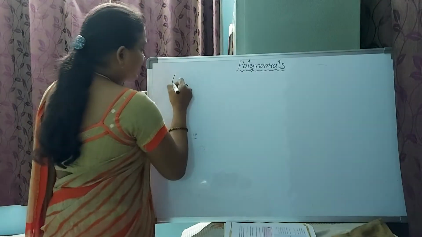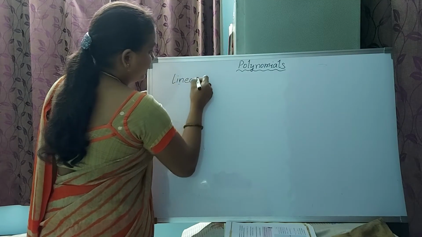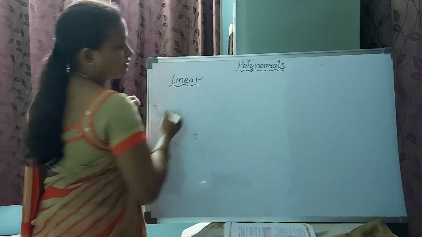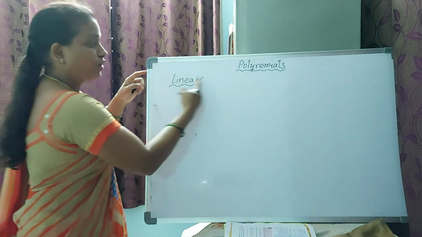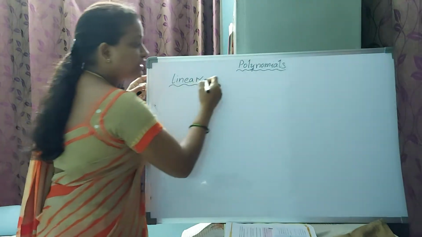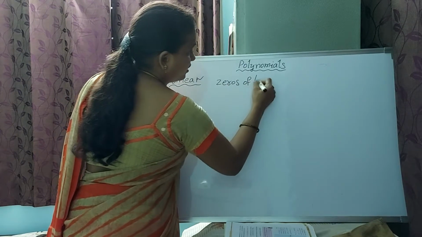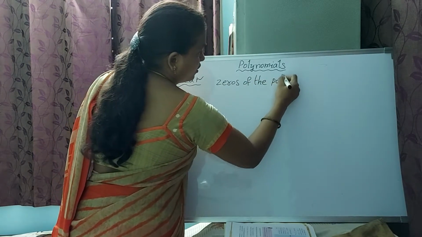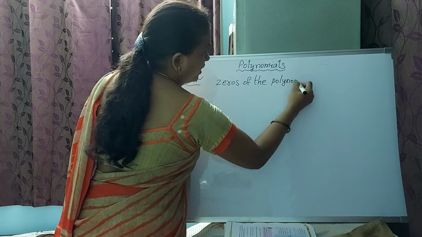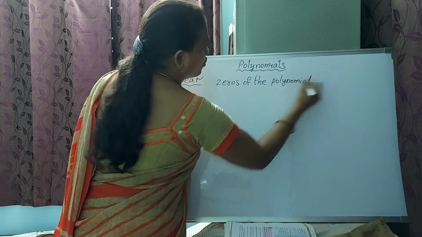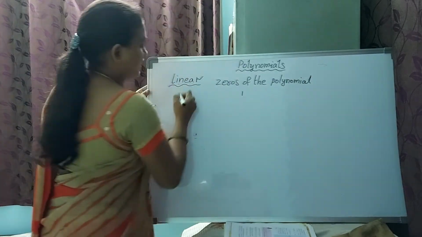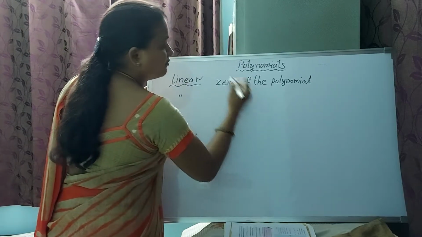For a linear polynomial, the graph has only 1 zero.